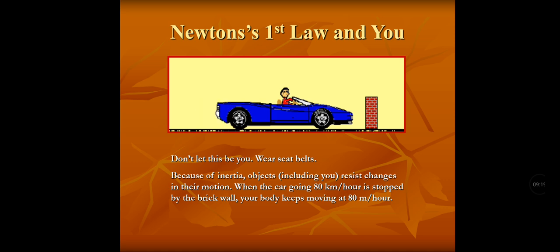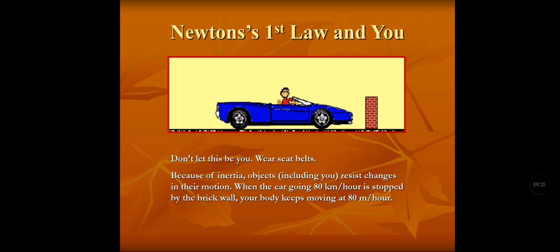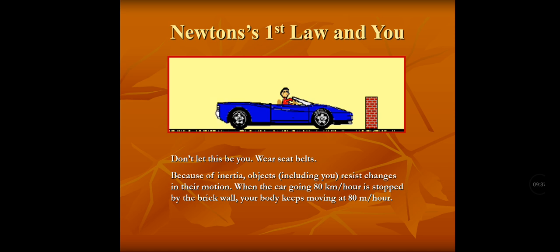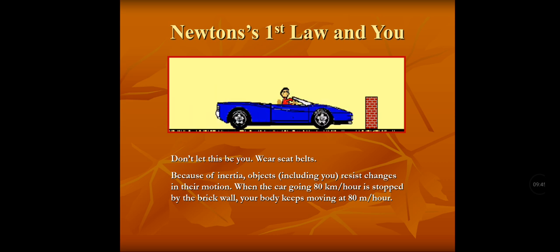Newton's first law of motion, and we don't let this be you. Wear a seat belt. Because of inertia, objects including you resist the change of their motion. When a car going at 80 km per hour is stopped by a brick wall, your body keeps moving at 80 km per hour in the forward direction, and you will fall out of the car, in the direction of the wall.